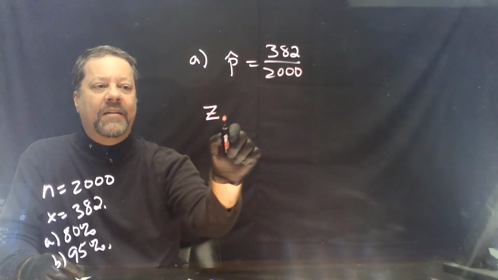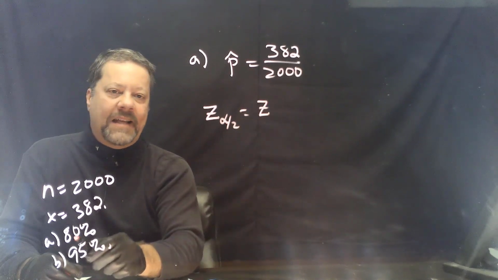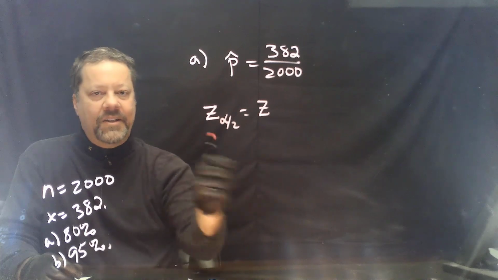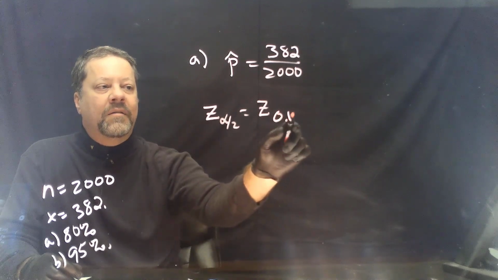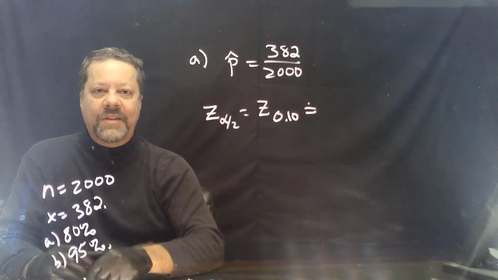The critical Z: we have to split that 20% error on each tail, so a 10% error on the right tail. What's the critical Z?